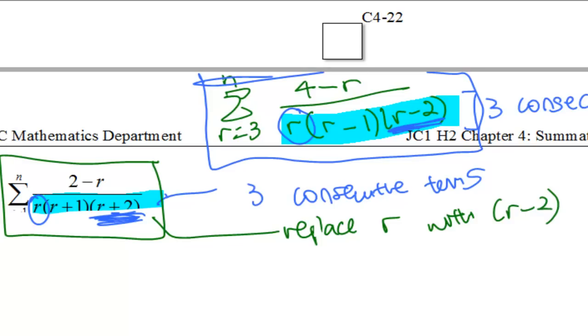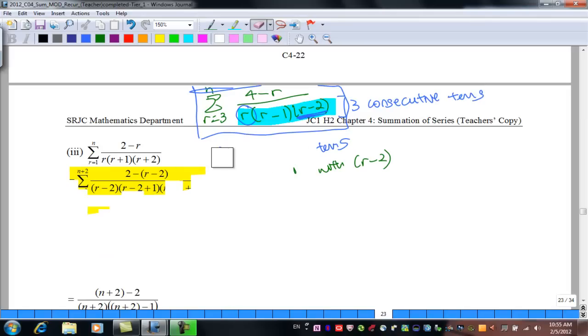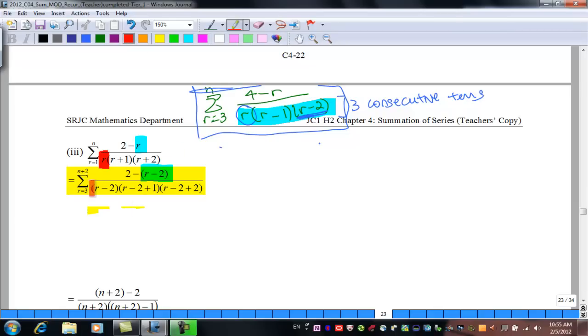Okay, so if I were to do the replacement as I mentioned, I would end up with this. And to give you a little bit more of an explanation, what's happening here is this r has been replaced with r minus 2. So each of my r is replaced with r minus 2. So this r is replaced with r minus 2.